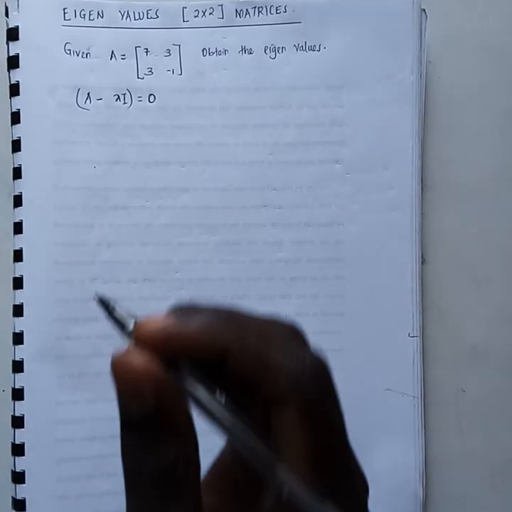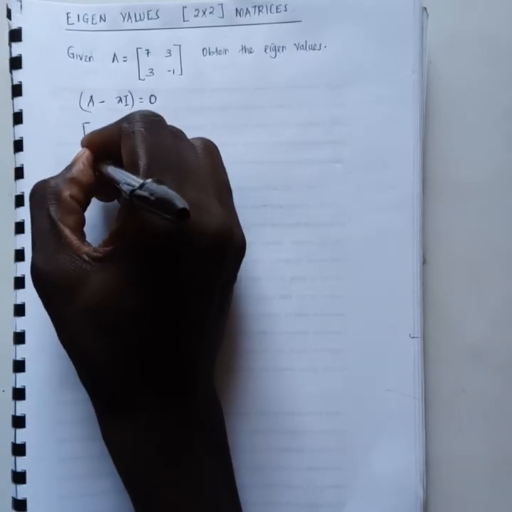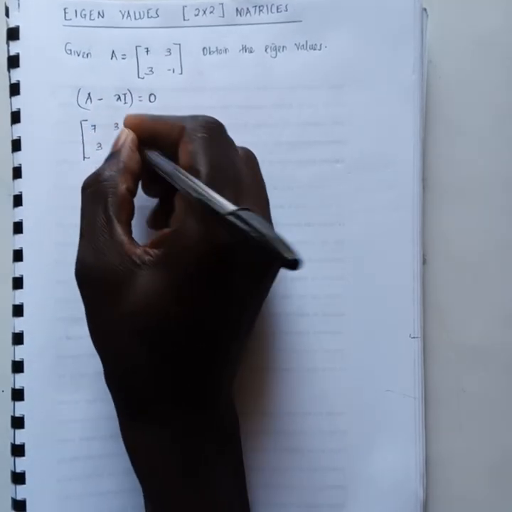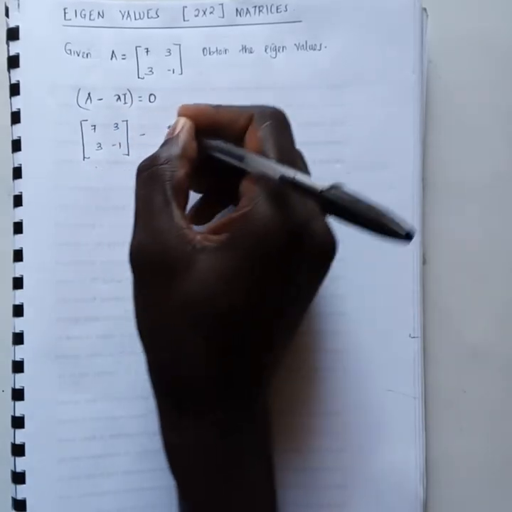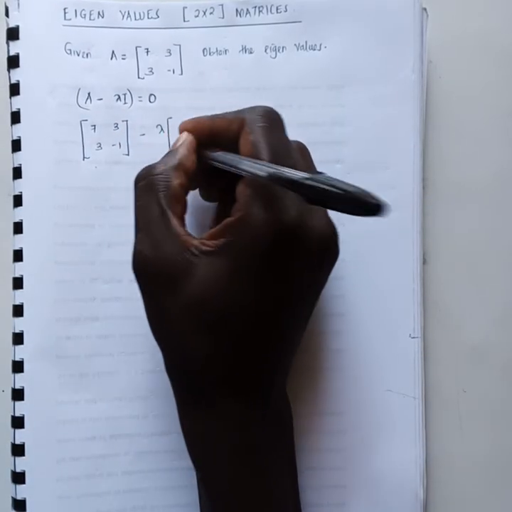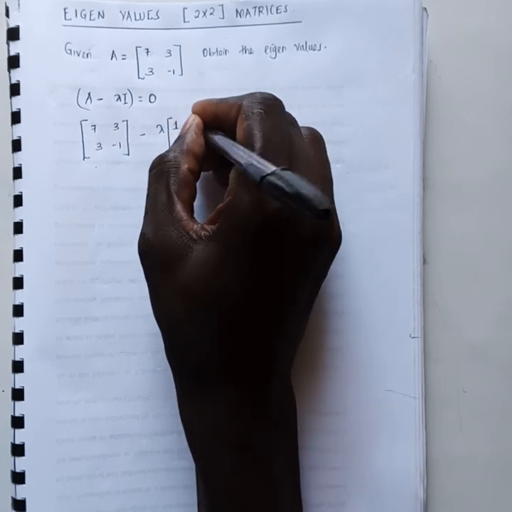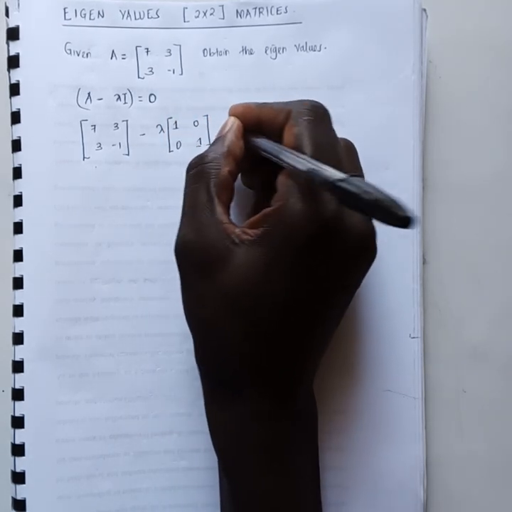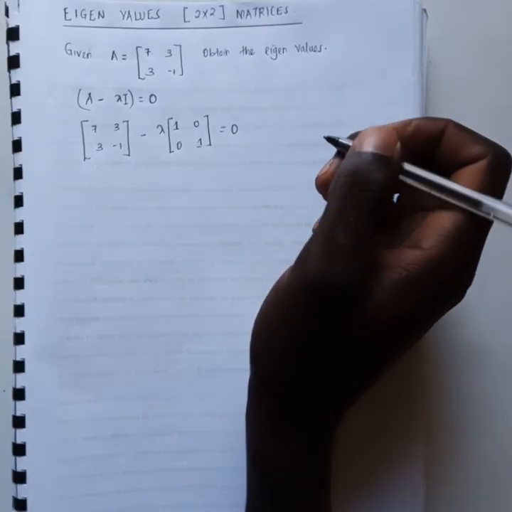So in this case, we'll be having now A minus the eigenvalue multiplied by the identity matrix of a 2 by 2 matrix, and this one should be giving us a 0.